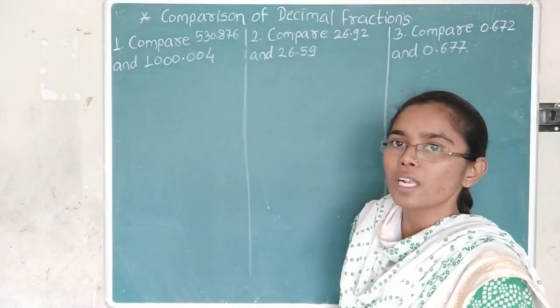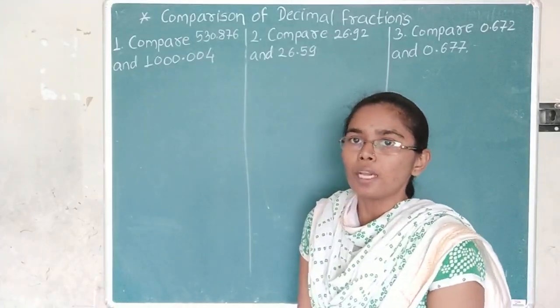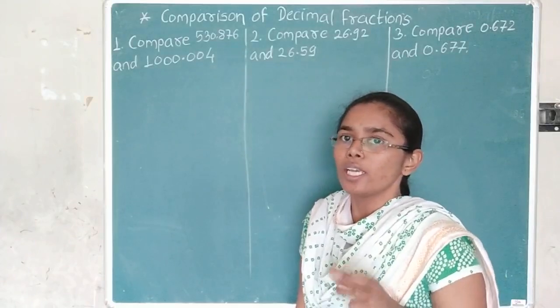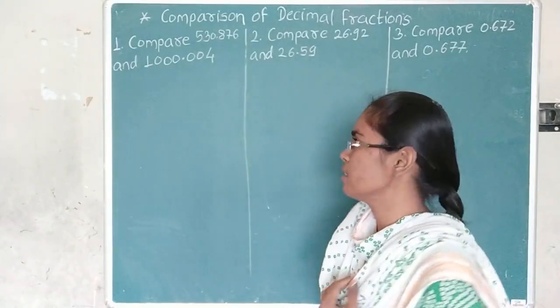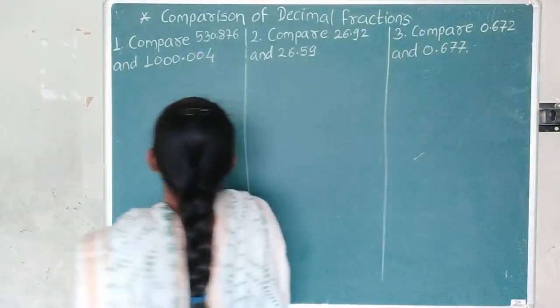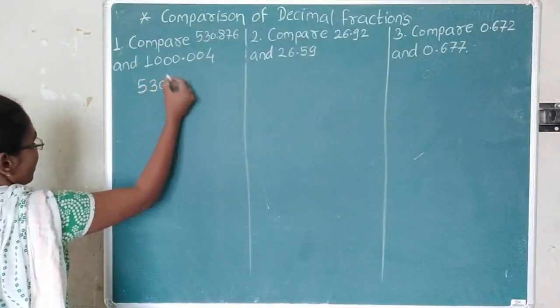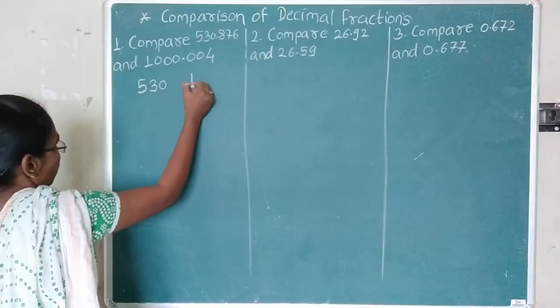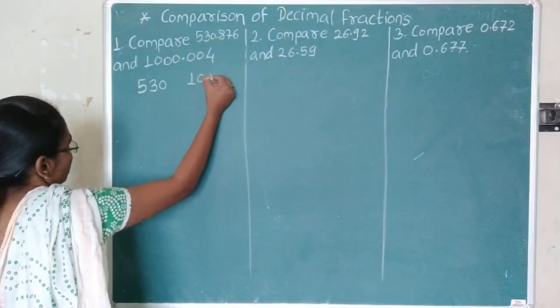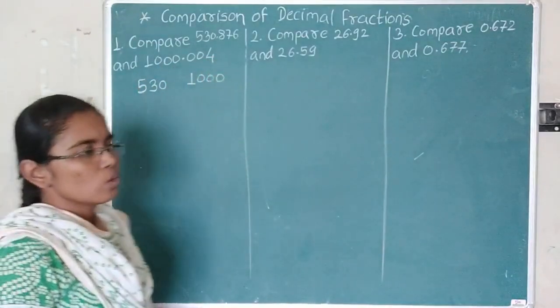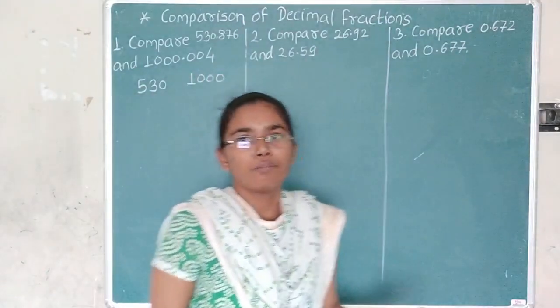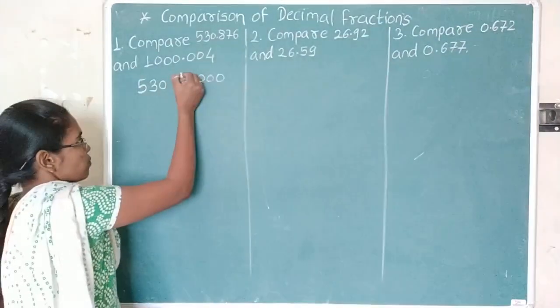Firstly we will compare the whole part, or the integral part, of these 2 decimals. For the first decimal 530 is the whole part, and for the next one 1000. Now we know 1000 is greater than 530.